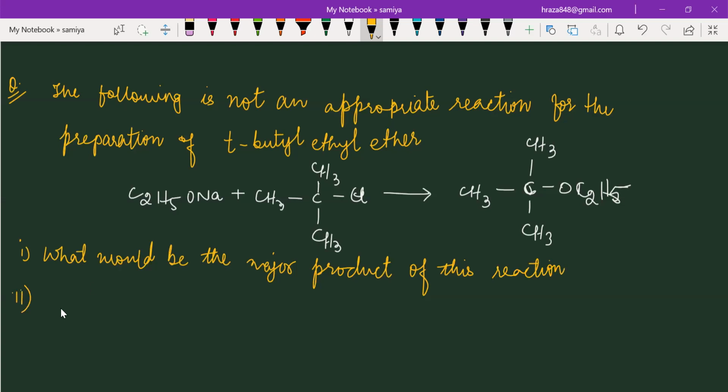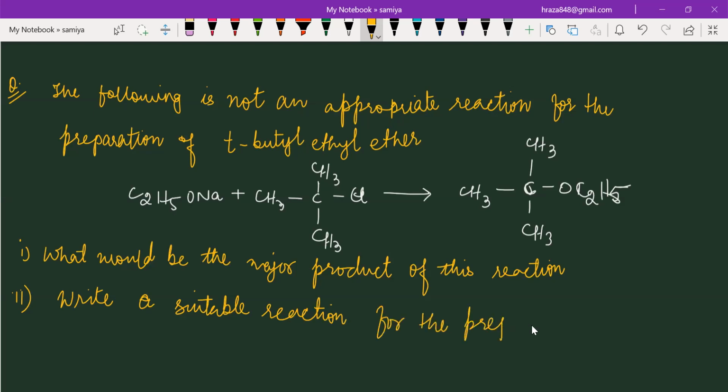And second is: write a suitable reaction for the preparation of tertiary butyl ethyl ether.